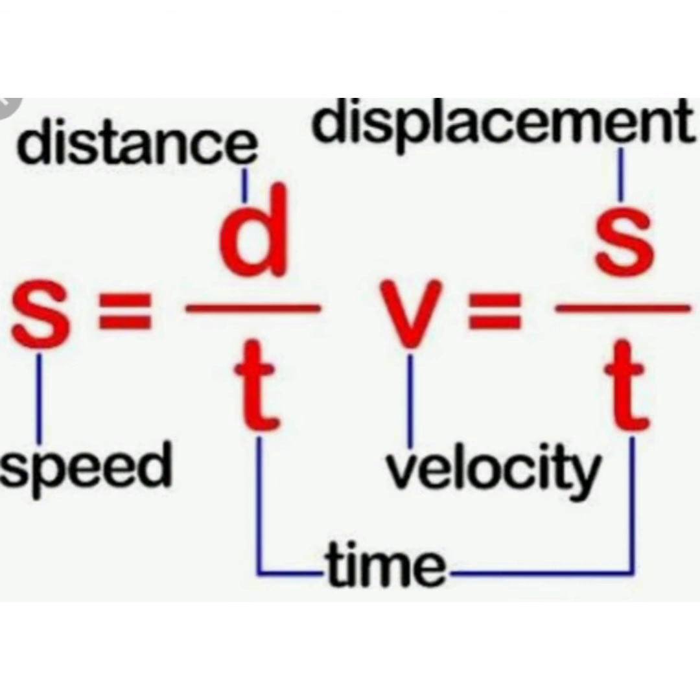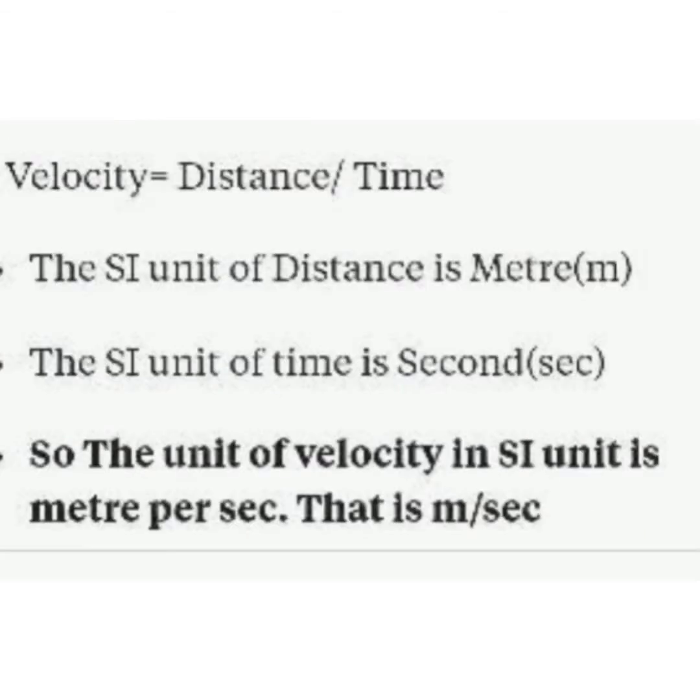Velocity is equal to displacement divided by time. So, velocity is a vector quantity. The SI unit of velocity is meter per second. What is the SI unit of velocity? Meter per second.